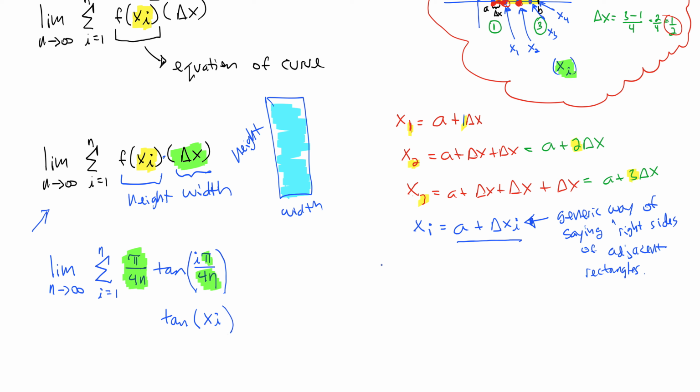We can, because we can write that based on this right here. Right? So tangent of a plus delta xi, and all of this together is our xi.